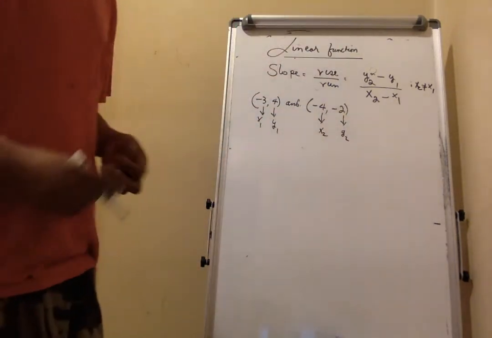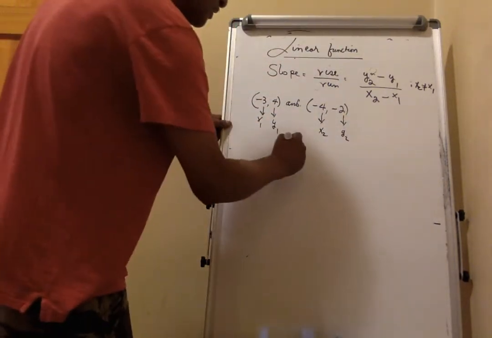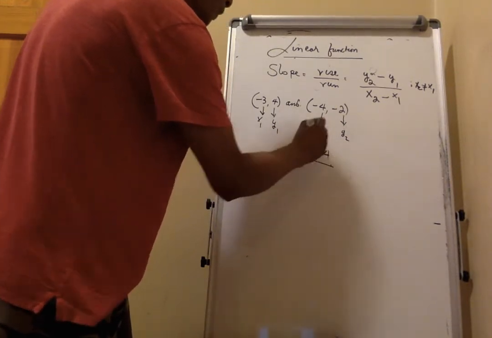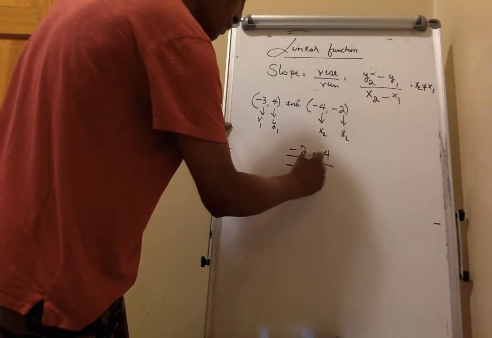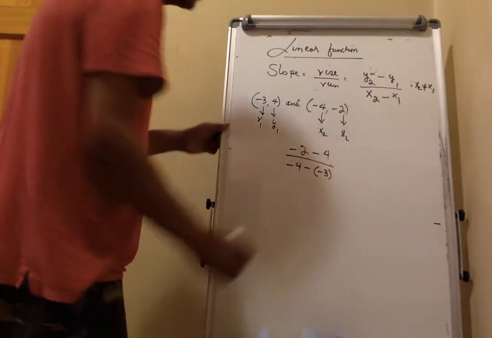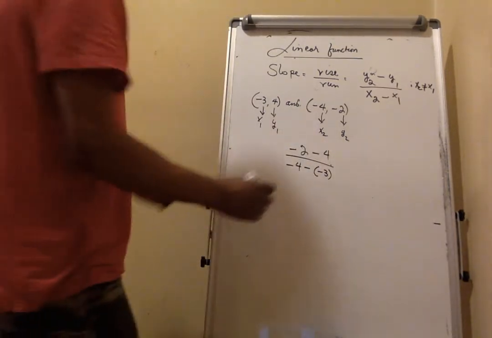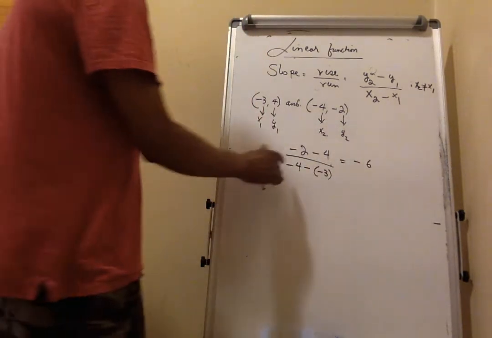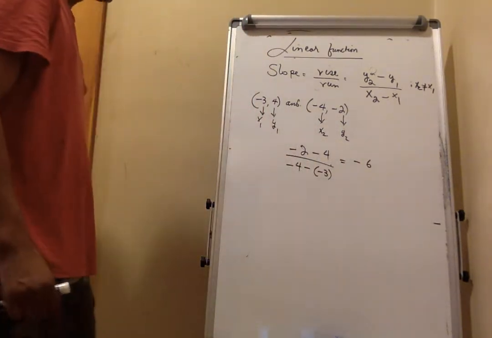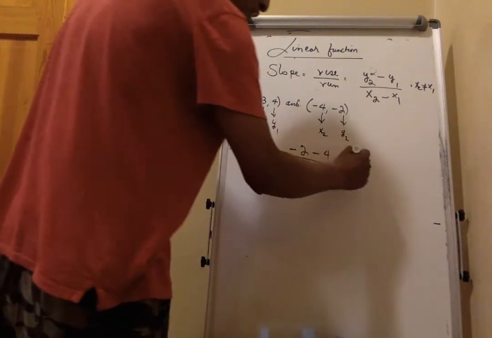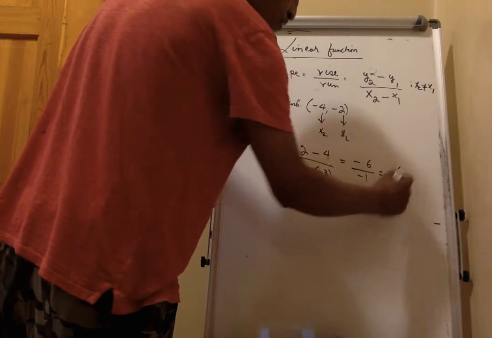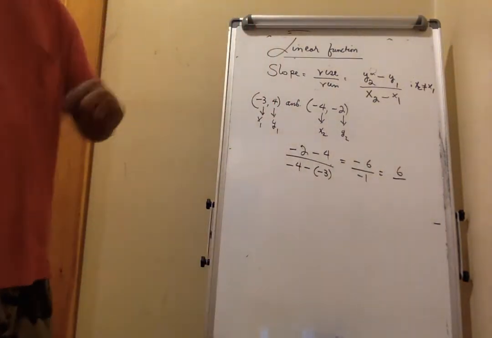So go ahead and apply the definition. So this is what? -2 minus 4, over -4 minus -3. And -2 minus 4 is -6. And -4 minus -3 is -4 plus 3, which is what? -1. And the slope is 6. Okay? Or 6 over 1.